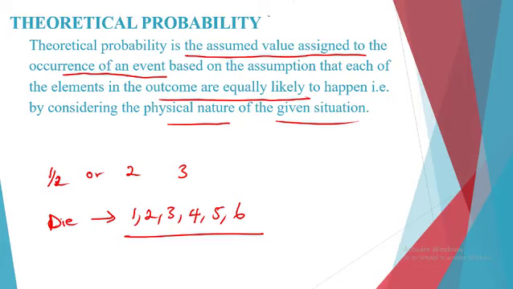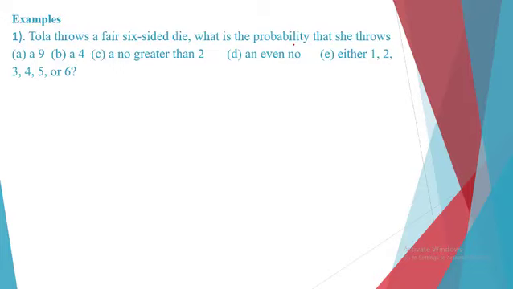So the theoretical probability tells us that these events are equally likely to happen. So we shouldn't always use the experimental probability, because sometimes the prediction may be wrong. That is why we now use what? The theoretical probability. Do you understand? So let us take an example in the theoretical probability.